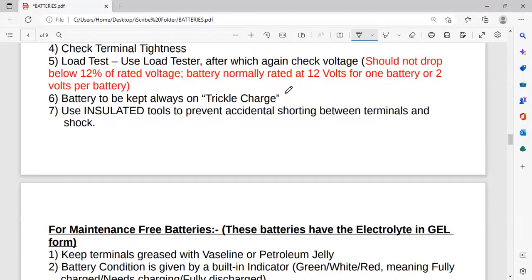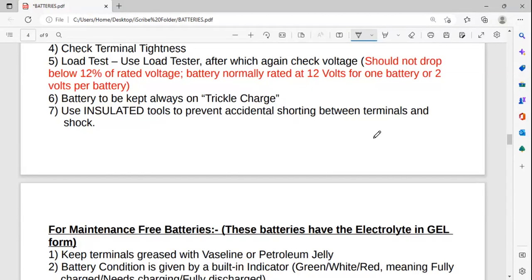But if you're going to talk about our 24-volt battery, let's take 24. It should not drop by more than 2.88 volts.